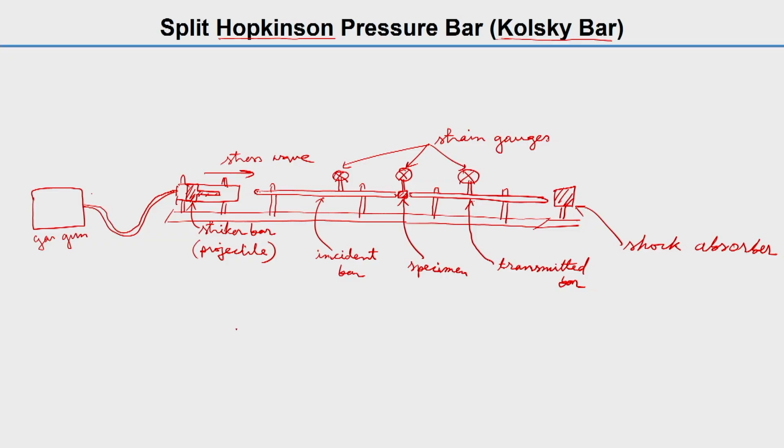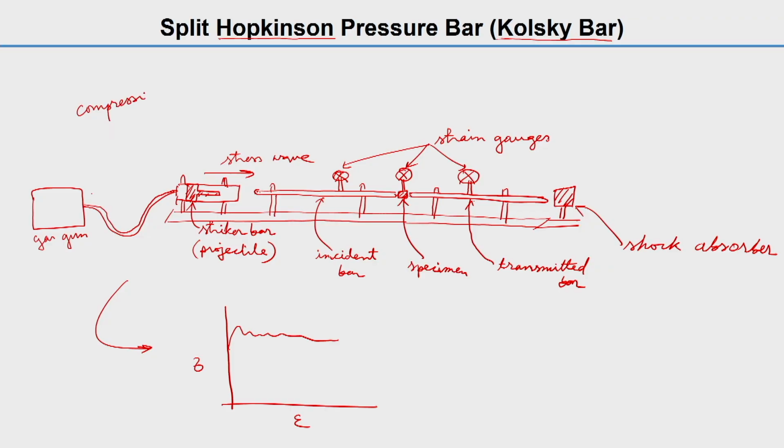With the help of this test, we can obtain the uniaxial stress-strain curve for a dynamic material. So we can obtain these types of plots. Basically this is the dynamic version of the very common test we perform with our universal testing machine.